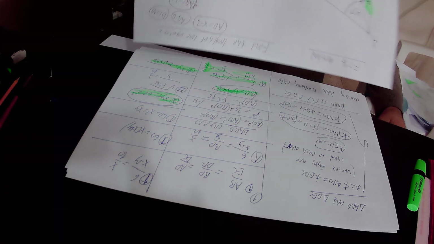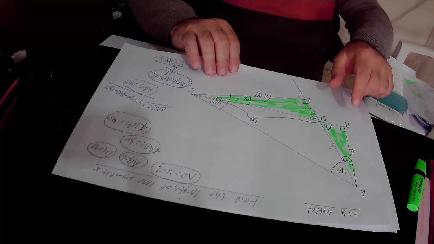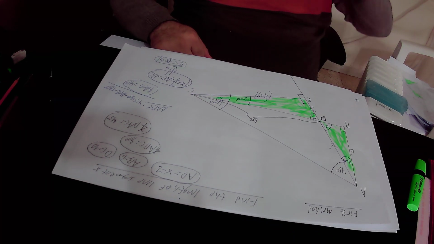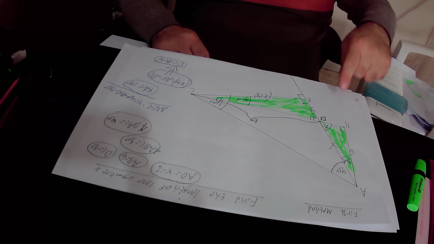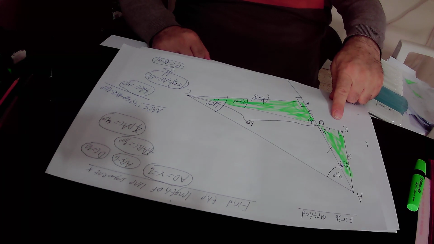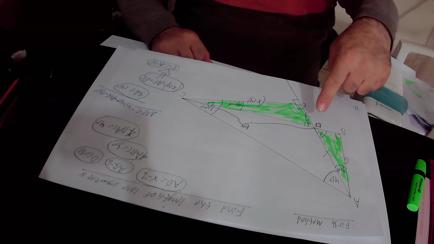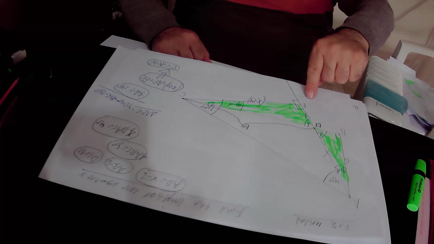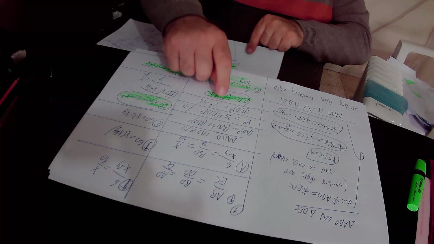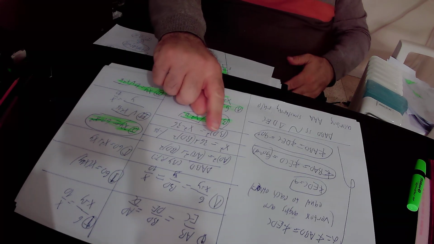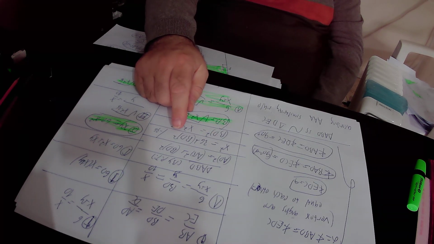Then we found the value of line segment BD by applying the Pythagorean theorem on the right triangle ABD. According to the Pythagorean theorem, AD squared equals AB squared plus BD squared.